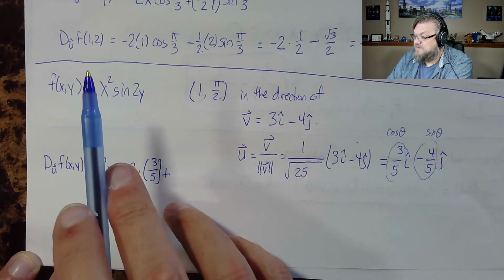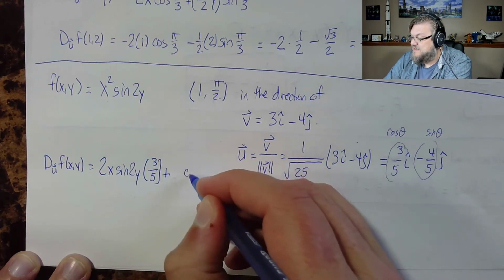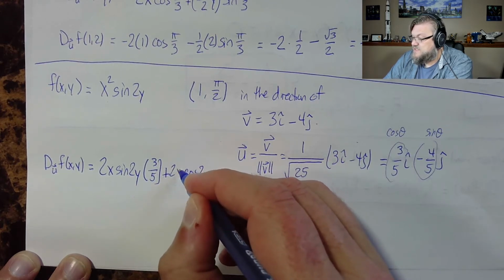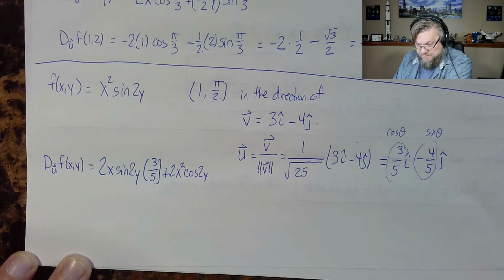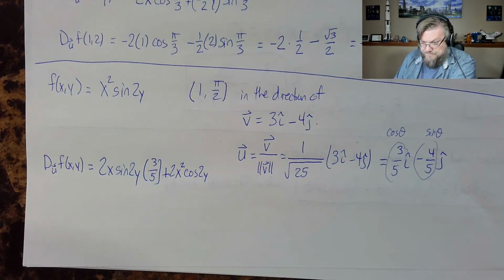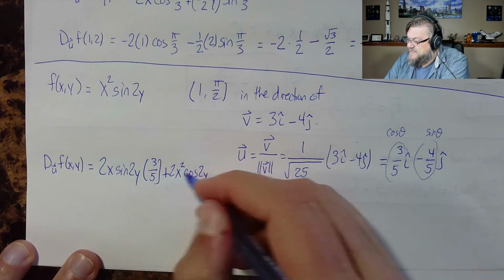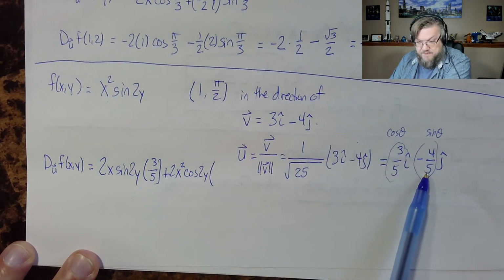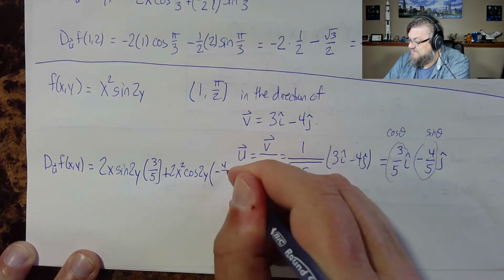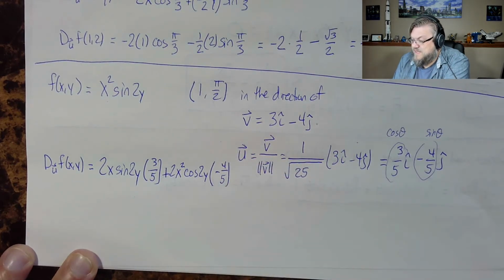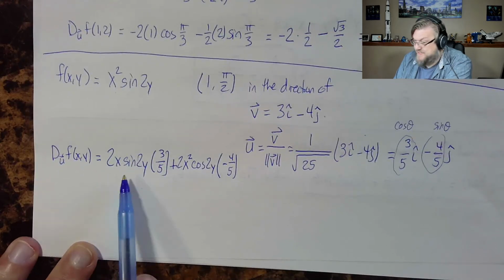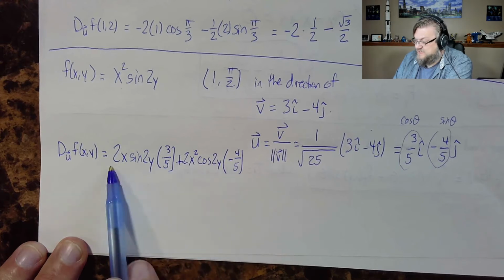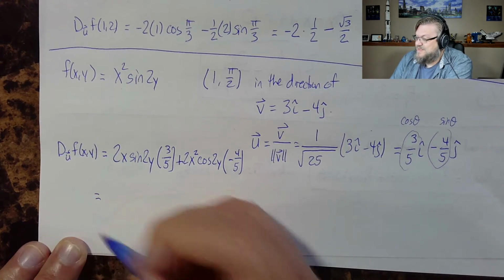So that's going to be the derivative of sine of stuff, so cosine of 2y times 2 times the x squared out in front, like that. And then that's going to be multiplied by sine of theta. What's sine of theta? Negative 4/5. Please remember, the directional derivative is not a vector. Notice there's no i and j component here. It's actually a scalar.